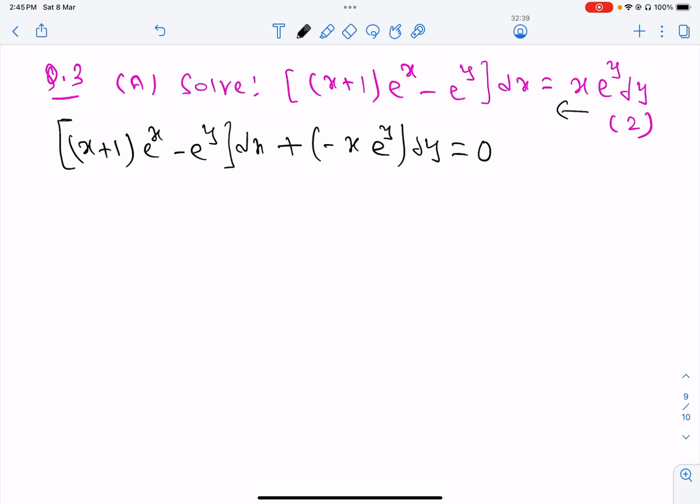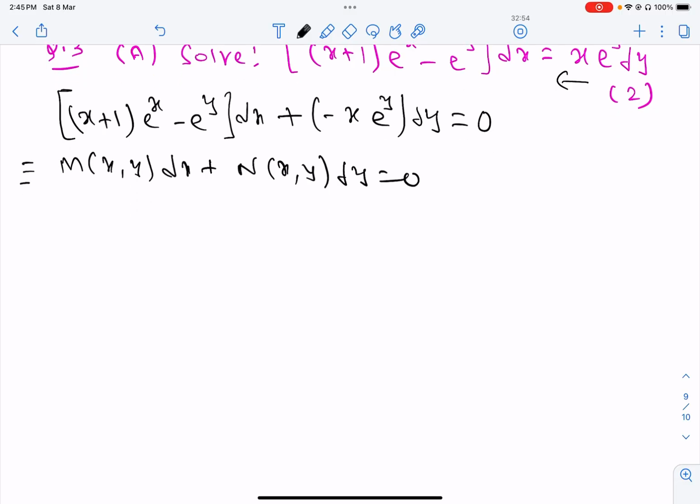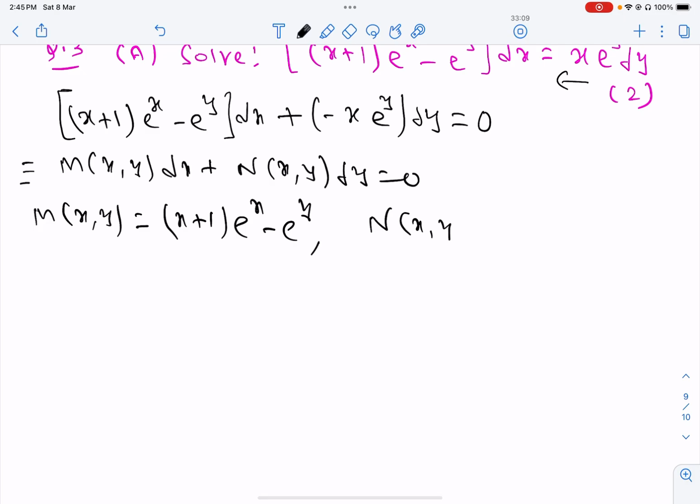So we can say this is of the form m dx plus n dy equal to 0, where m is x plus 1 e power x minus e power y, and n is minus x e power y.